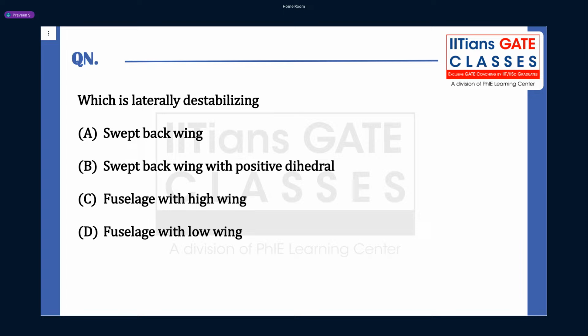We don't have that much data, but we'll try to figure out what the answer is. Which is laterally destabilizing? You have four options: swept back wing with positive dihedral, fuselage with a high wing, and fuselage with a low wing.